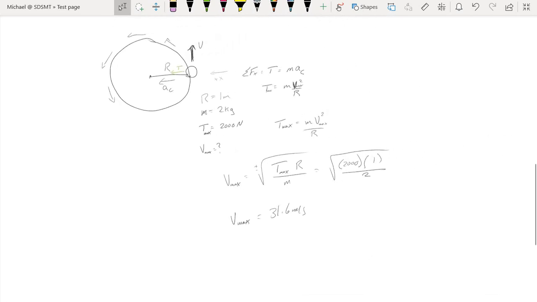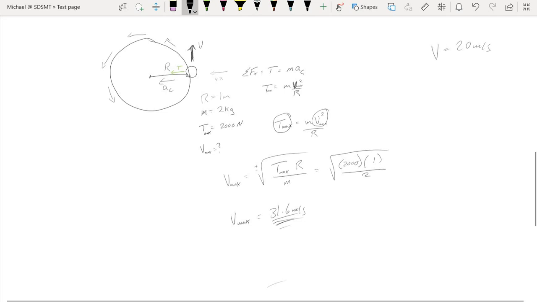However, if we go slower than this, a reduction in the velocity value will result in a reduction of the tension value. So if I only have a speed of 20 meters per second for this rock, how much tension force would there be in the rope?